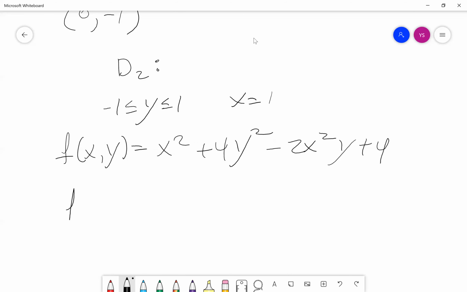So what is f? Now my x is fixed at 1, right? That's my new function, now only changing with respect to y. So that's going to be equal to 1 plus 4y squared minus 2y plus 4.